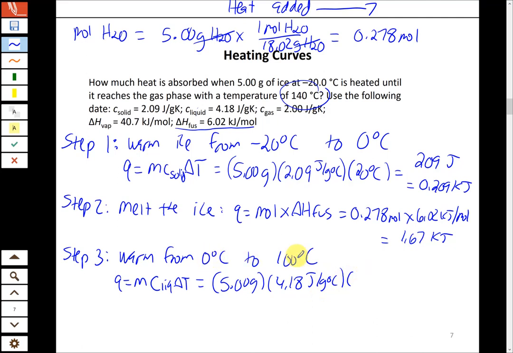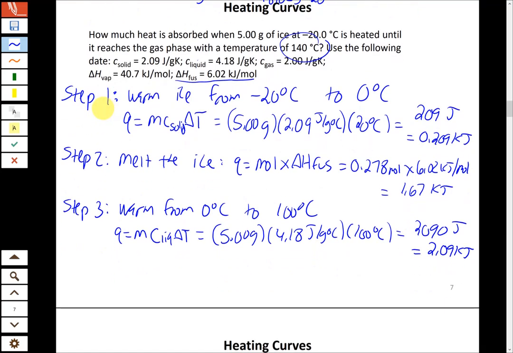Delta T in this case, 0 to 100, is 100 degrees Celsius. We're raising the temperature by 100. And so that comes out to 2,090 joules or 2.09 kilojoules. We'll do everything in kilojoules so that we can add them all up at the end. All right, so that's step 3.